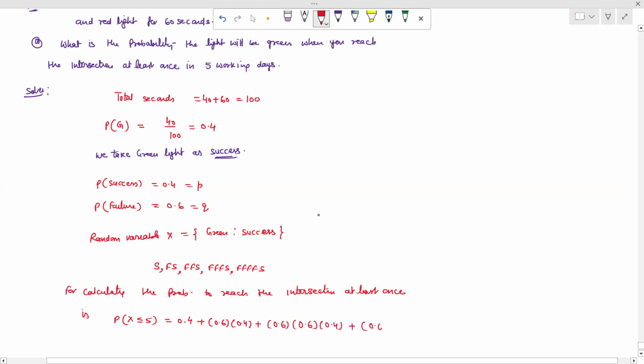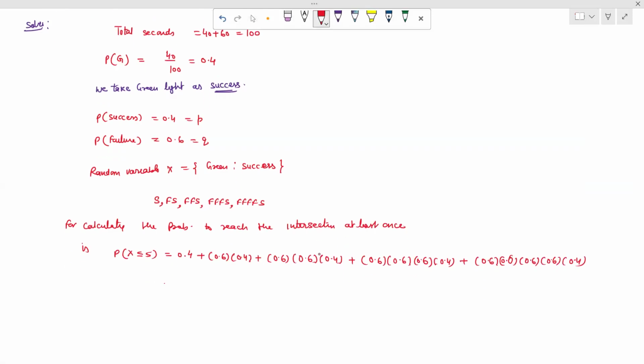Next will be failure, failure, failure, then success. And next will be failure, failure, failure, failure, then success. So this can be simplified, and the answer is approximately 0.922.